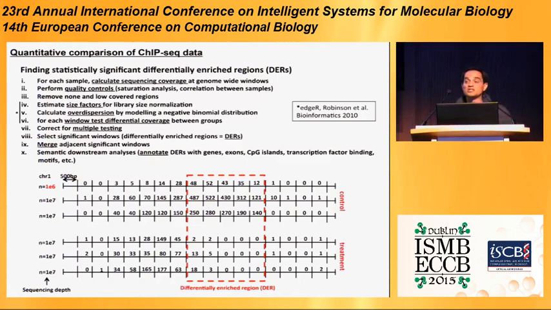Remove non- and lowly covered genomic regions, estimate size factors for library size normalization, calculate overdispersion, and for each window, then test the differential coverage between the groups across the replicates, correct for multiple testing, select significant windows, so that are the DERs, and merge adjacent significant windows, and then there's a bunch of downstream semantic analysis.